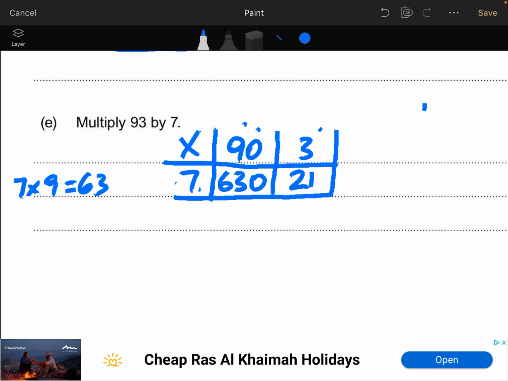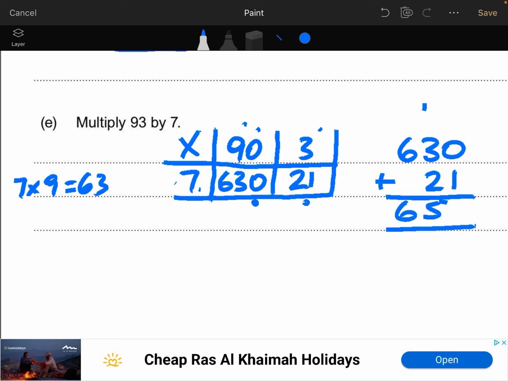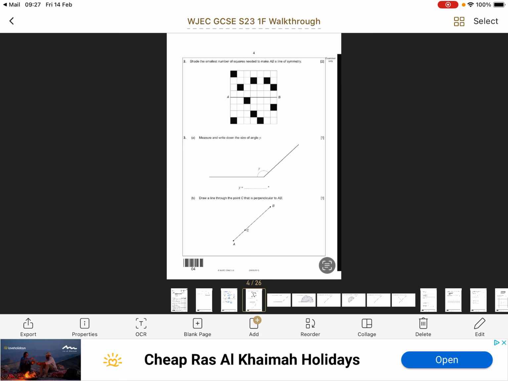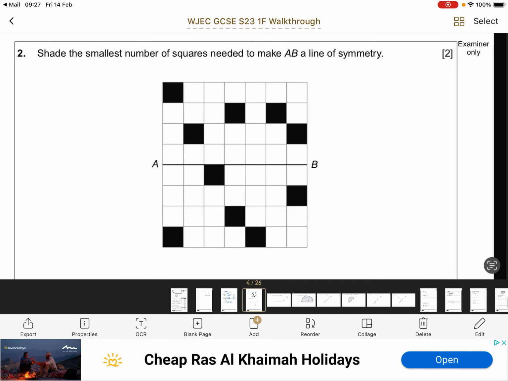Now what I need to do is add these two values up that I've got. So 630 plus 21, making sure that I line it up correctly, 651. Okay, so my final answer is 651. So, moving on. Question 2.